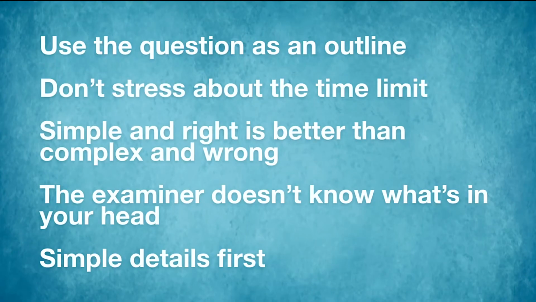Okay, the last thing we need to keep in mind is that we should try to get the simple details out of the way. Often there's a chance to use simple details first. Once we finish saying those things, then we can focus on telling the story. So often we get caught up in trying to get the story and the simple details mixed together, to make sure we cover all the points.